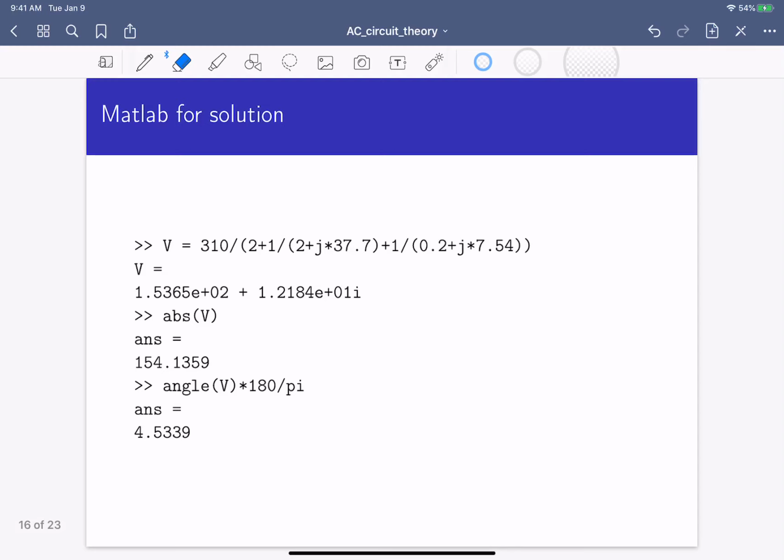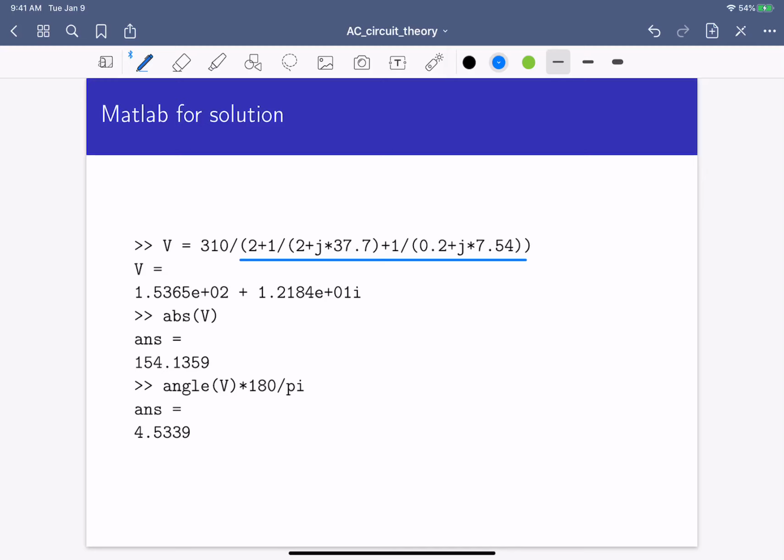Here is how we would write it with MATLAB, just as a reference. V is equal to 310 divided by, and then just make sure you put the proper parentheses in. You can use j or i with MATLAB. I usually use j when I type it in, and I read i when I read it out, and that's fine.